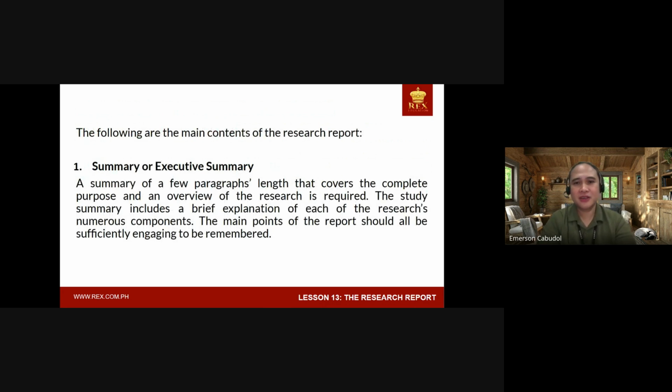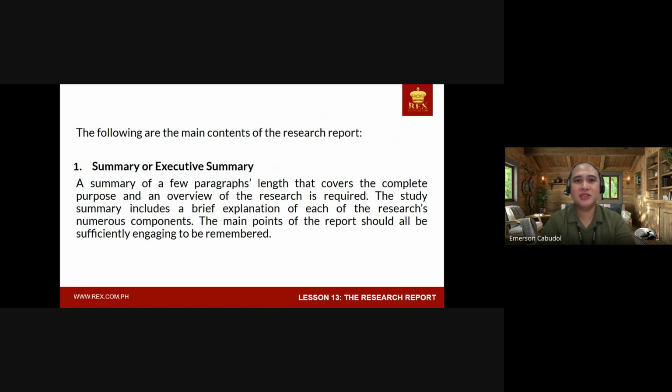The summary or the executive summary is a component of a research report. It serves as a condensed version of the entire document. It also provides the readers with a quick yet comprehensive understanding of the research's purpose, methodology, findings, and implications.